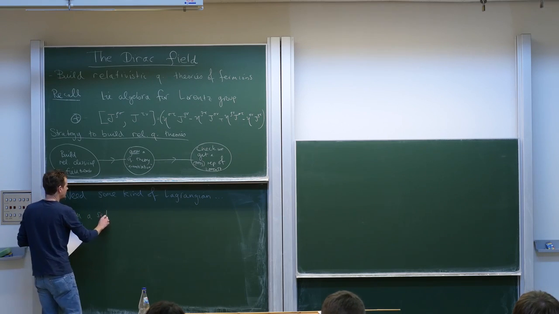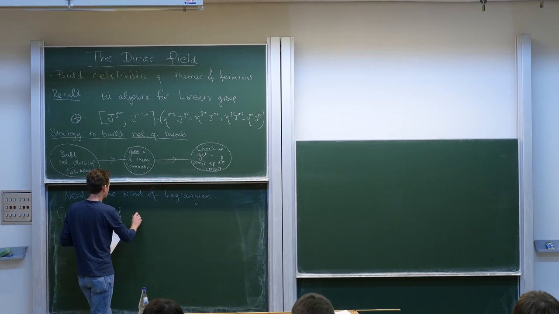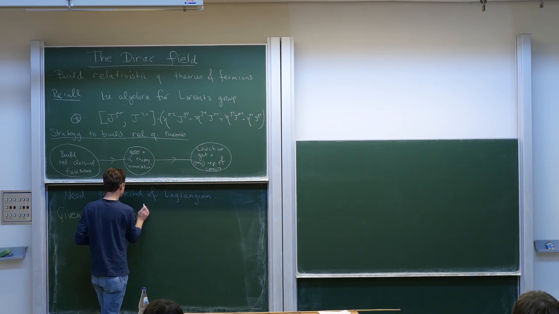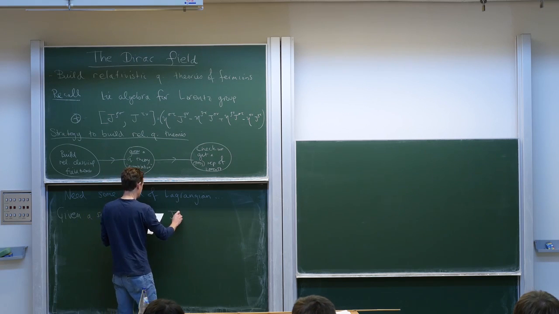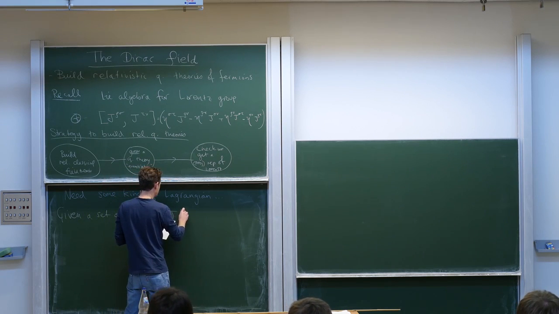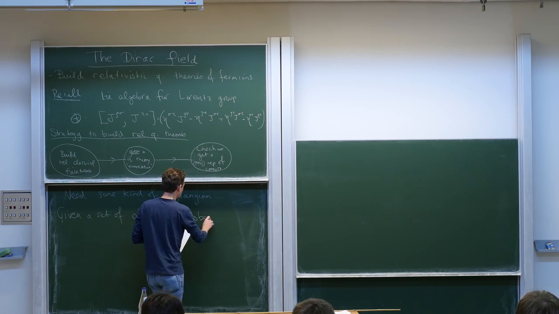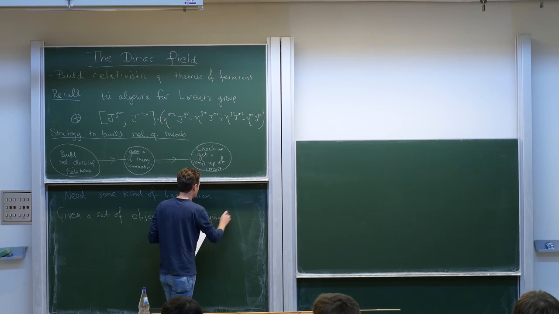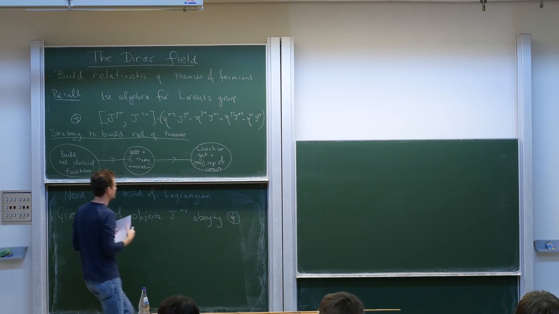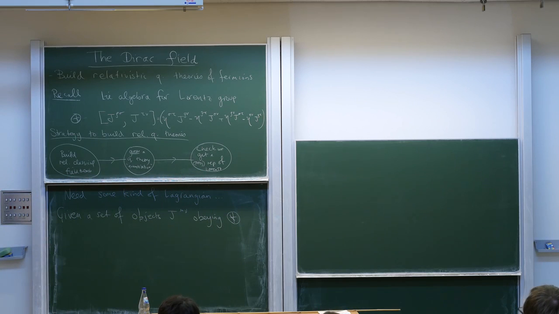So given a set of objects J mu nu obeying these relations up there, these objects will be matrices.